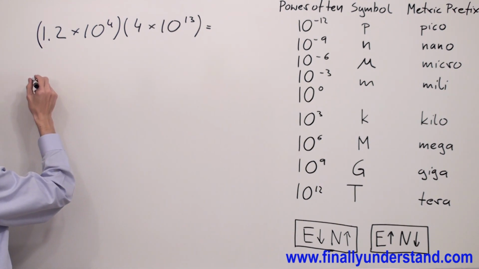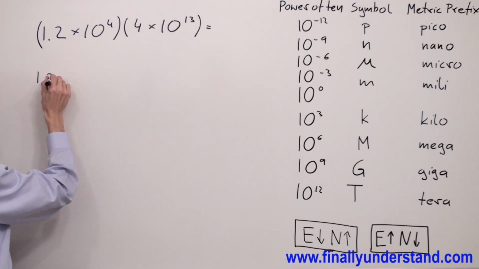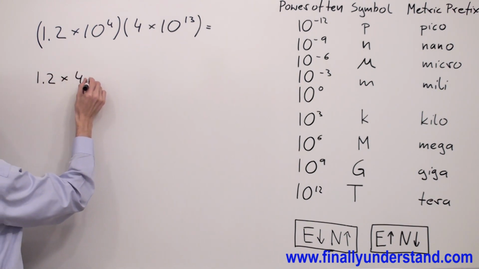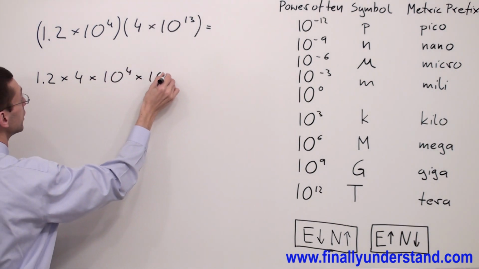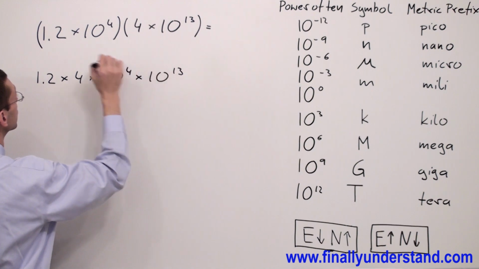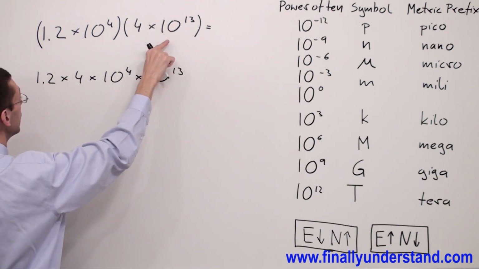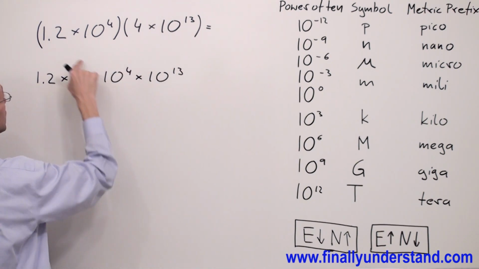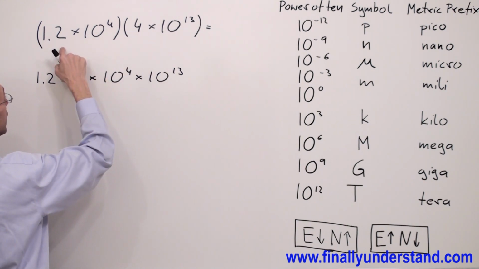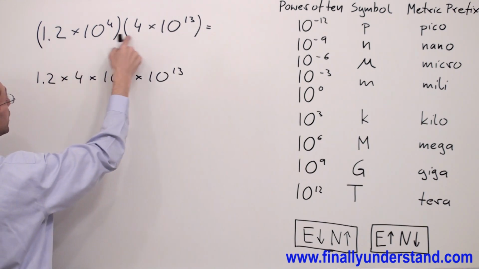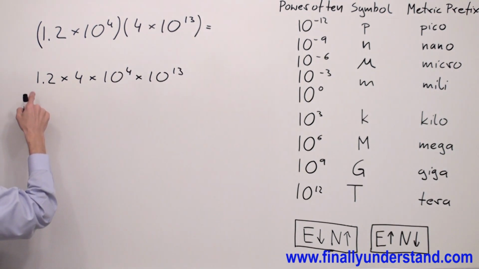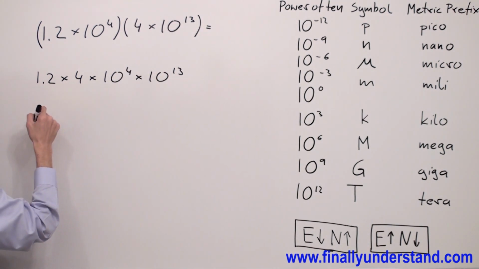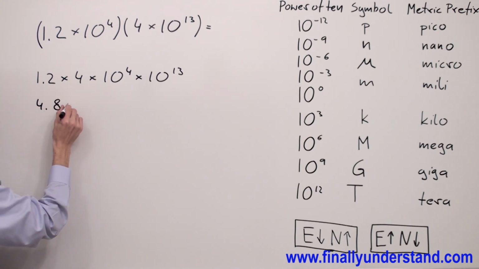Let's rewrite the problem first. I have 1.2 times 4 times 10 to the 4 times 10 to the 13. Because I have multiplication everywhere, I can rewrite this problem like this. Multiply these two numbers first, and the product you have to multiply with the product of these two powers of 10. 1.2 times 4 is 4.8 times.